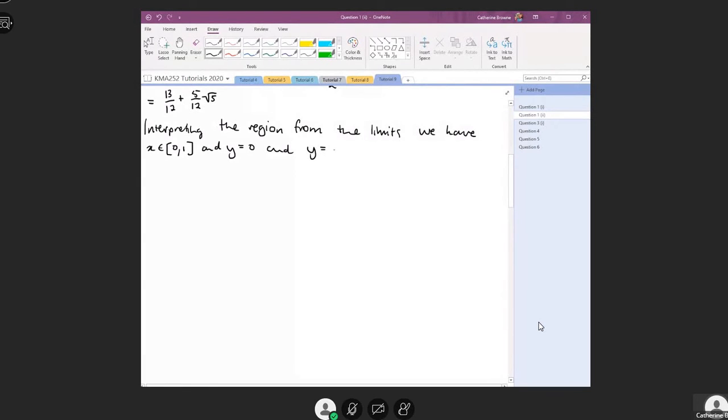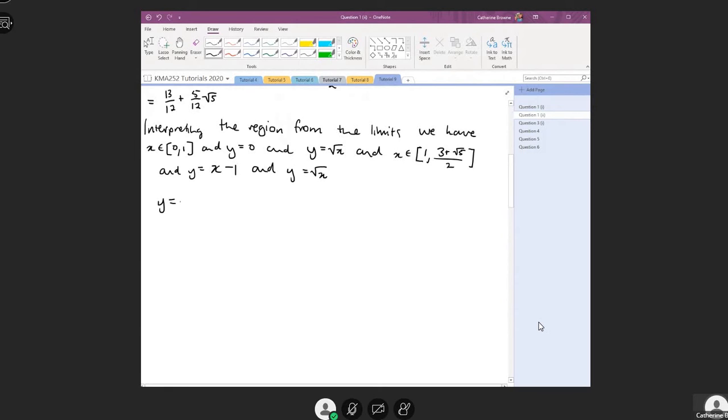And for the second part, x was going from 1 to 3 plus root 5 on 2, and y was equal to x minus 1, rather than y equals 0, and then y equals root x.